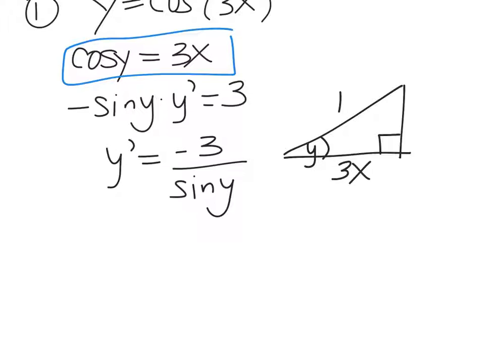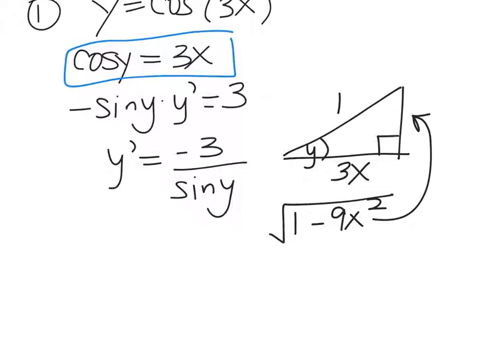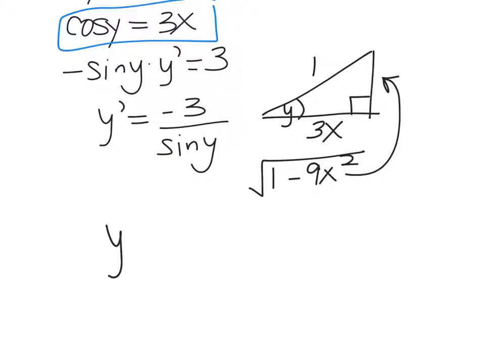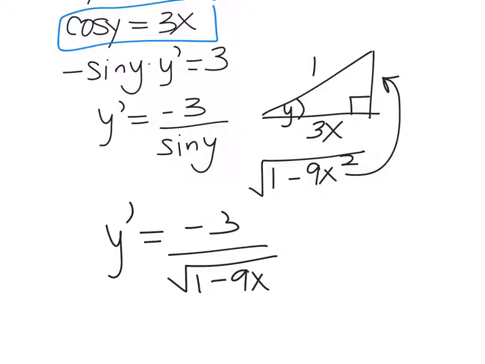I need the sine of y, which is opposite over hypotenuse, so I use a squared minus b squared equals c squared to find this side. Then y prime would be negative 3 over the sine of y, which is opposite over hypotenuse, so that would be the square root of 1 minus 9x squared.